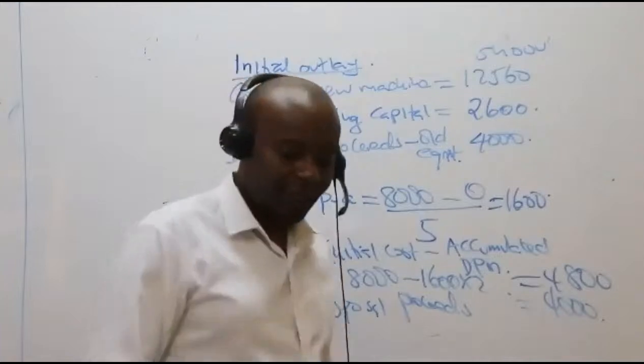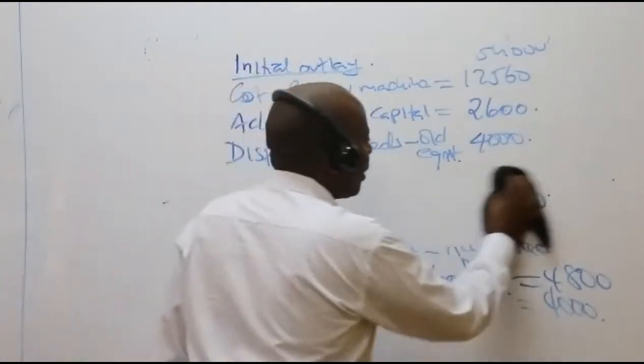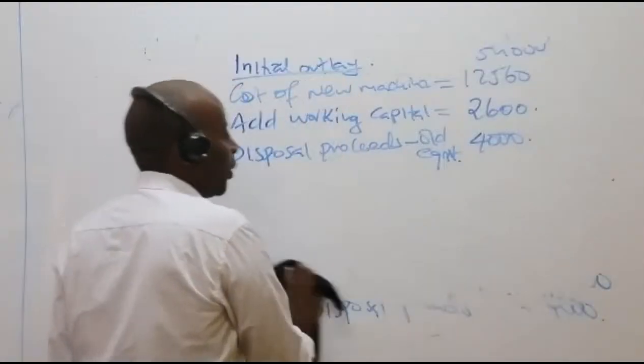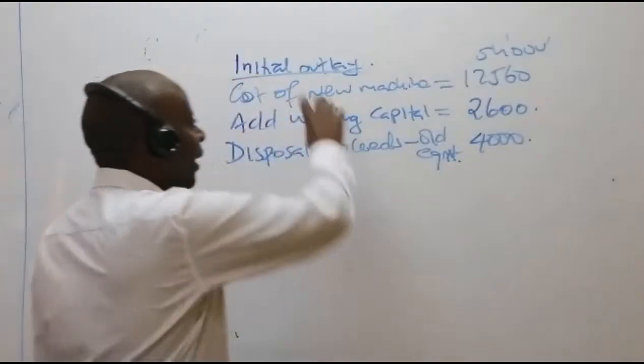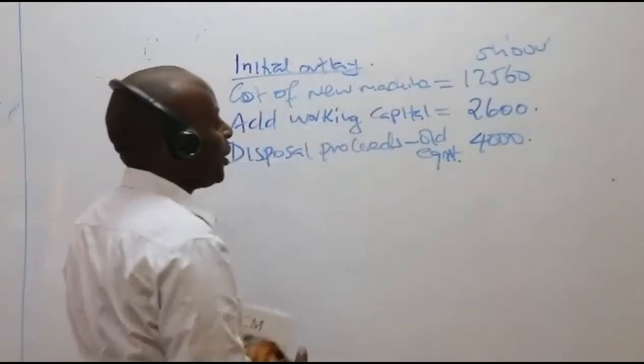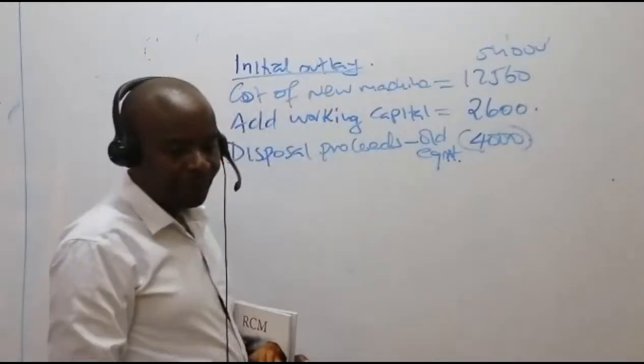Okay, great. So then, ladies and gentlemen, we have here disposal proceeds of the old equipment, 4,000, because you're putting it in an initial outlay statement. Then this one here should be put in brackets like that.